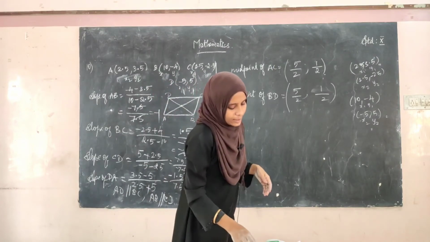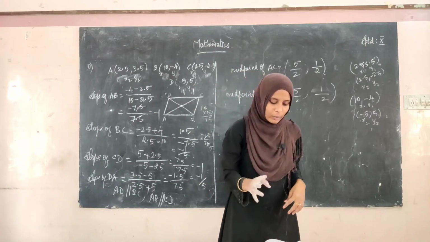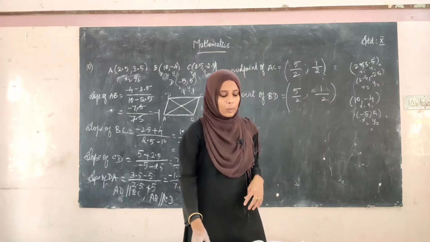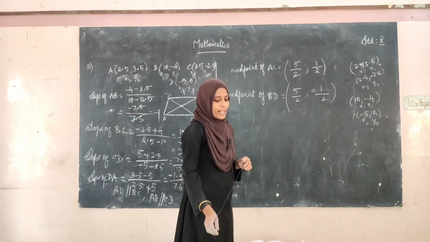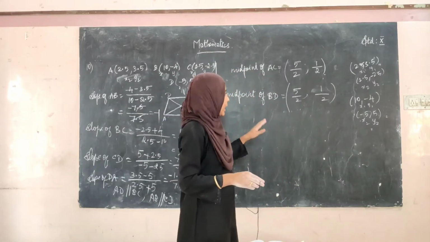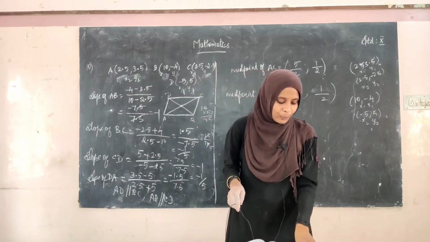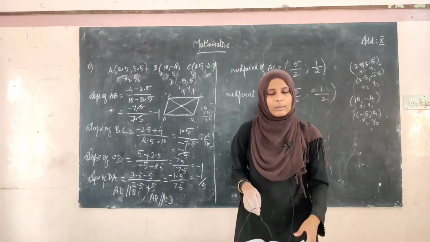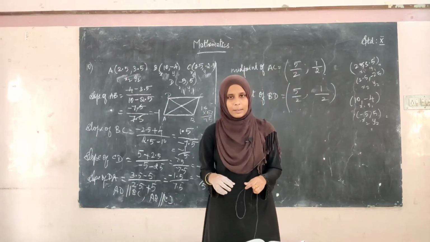Okay, see the 11th sum. They have given 4 points that form a parallelogram, and we have to find the value of x and y. So what you have to do is take A, B, C, D with the opposite signs, that is 2 1 comma minus 3 minus 2 comma minus 3. You can't mark it in a graph, right?